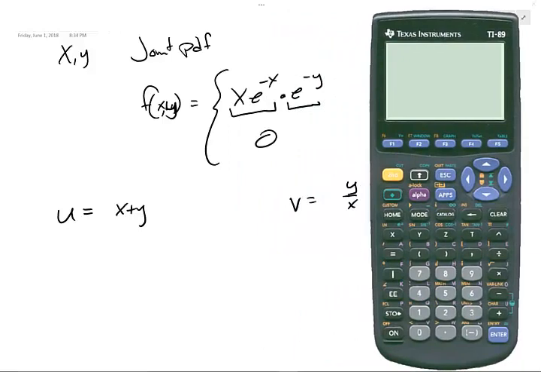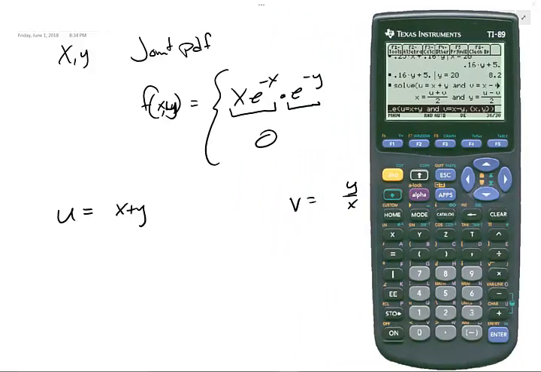So I'm just going to turn my calculator back on and go solve. U equals x plus y, and then v equals y divided by x, for x and y.